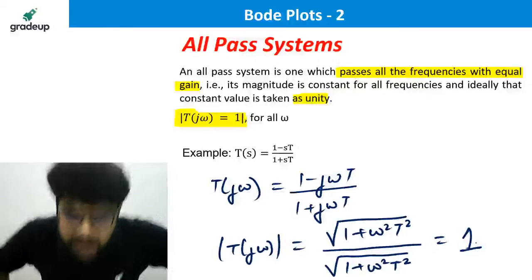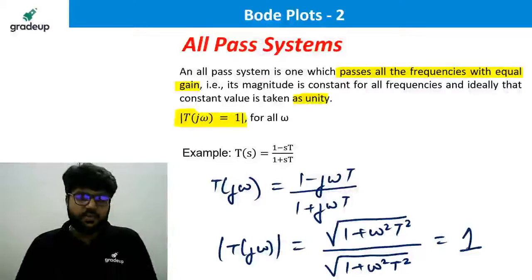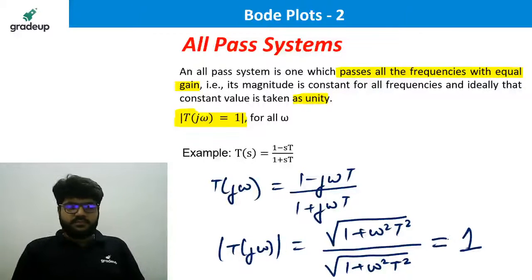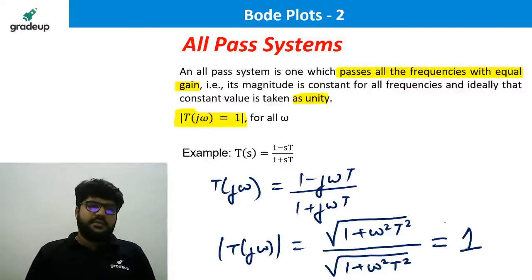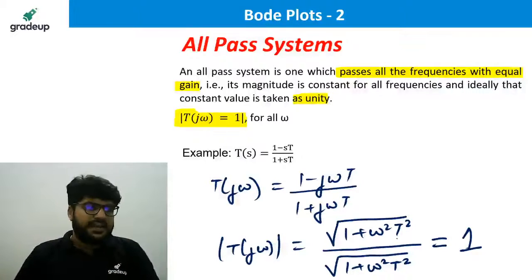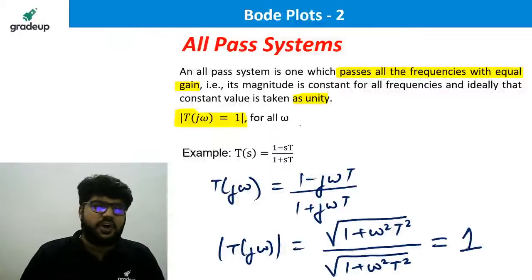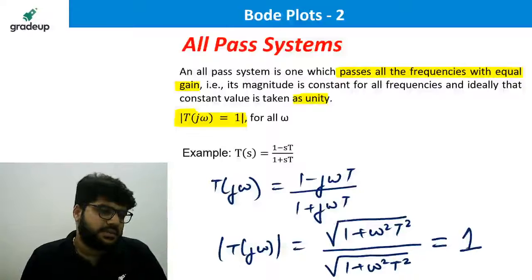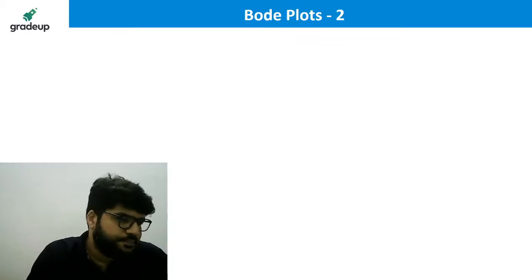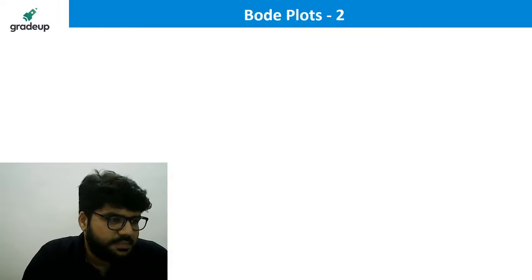Basically they are the same, and the mod of Tj omega is equal to 1 for all omega. That means there is no dependency on omega, it is cancelled out for all omega. It is constant, and such a system is an all pass system.